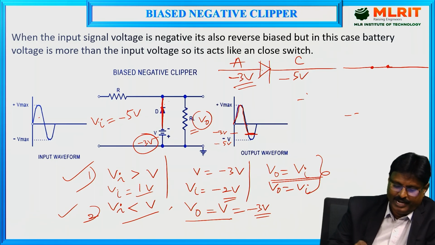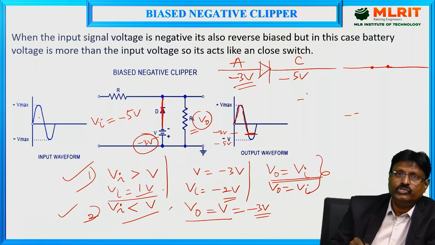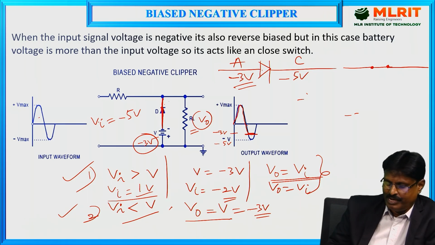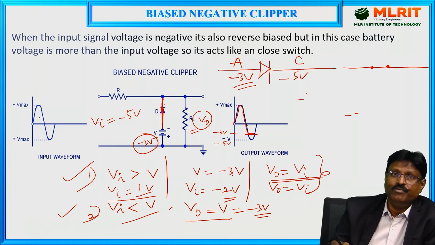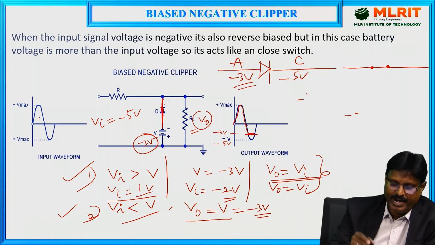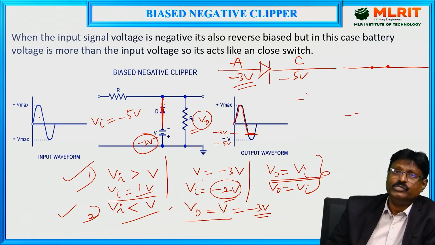In the first case, whenever Vi is greater than V, I have taken Vi as a positive value, equal to 1 volt, and I saw V naught is equal to 1 volt. And in the sub case, I have taken Vi as a negative value whose value is greater than the battery voltage value. So here I have taken Vi equal to minus 2 volts.